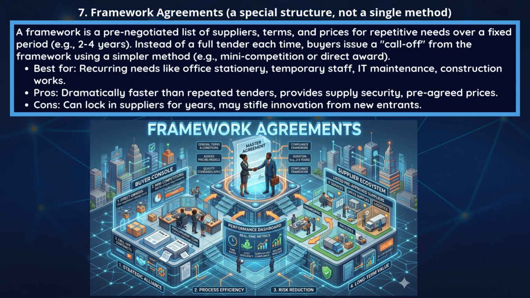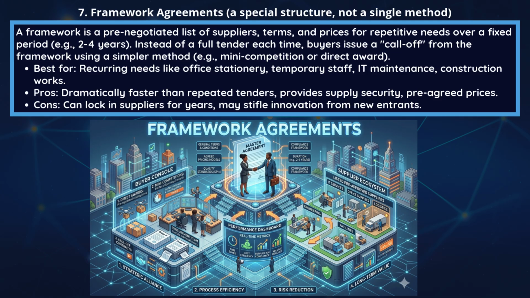These activities are frequently purchased and contracted. Pros: dramatically faster than repeated tenders, provides supply security and pre-agreed prices. Cons: can lock in suppliers for years, may stifle innovation from new entrants.